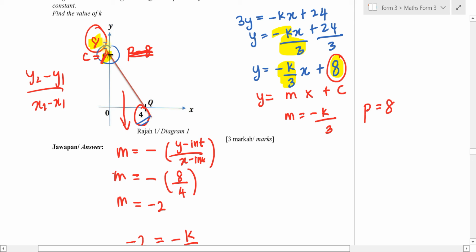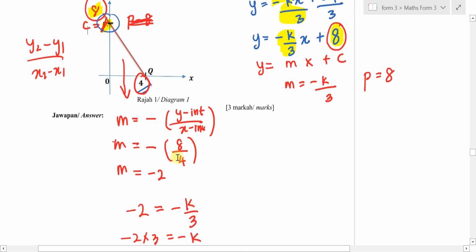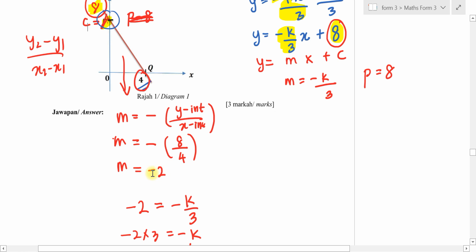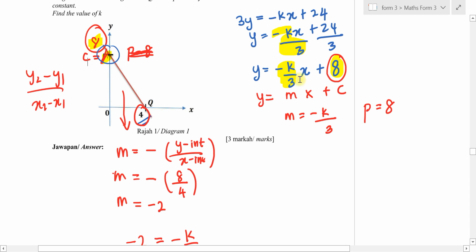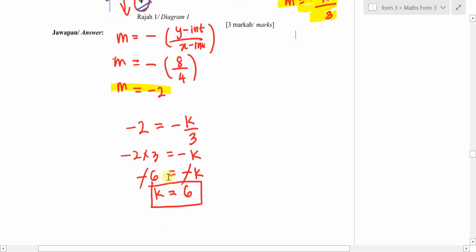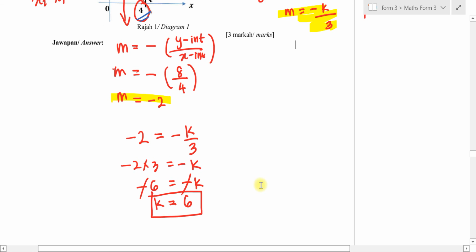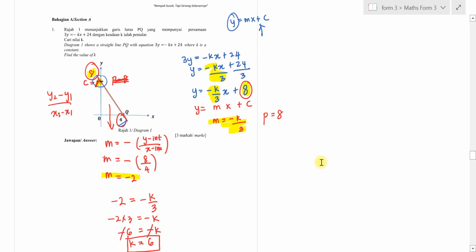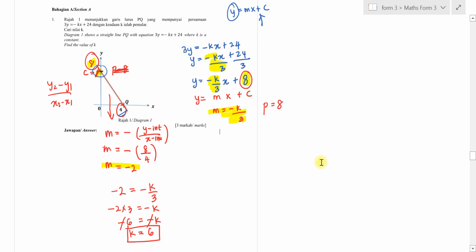From 8 and 4, we got the y-intercept and x-intercept. Again, we can use our own formula to calculate the gradient. The gradient was negative 2. When we do it in this form, it's negative k over 3. Both of these are gradients, so equate them. When you equate them, you get k equal to 6. Okay. Ask questions if you don't understand.